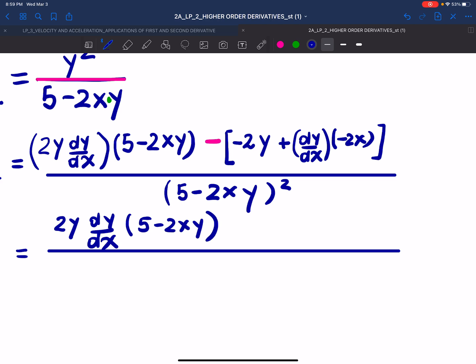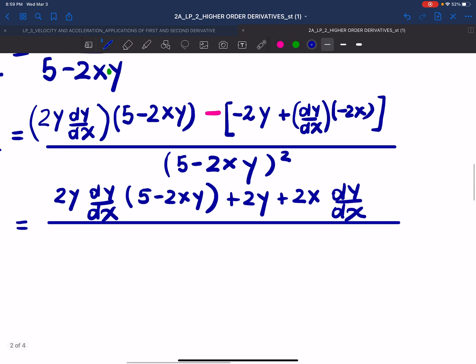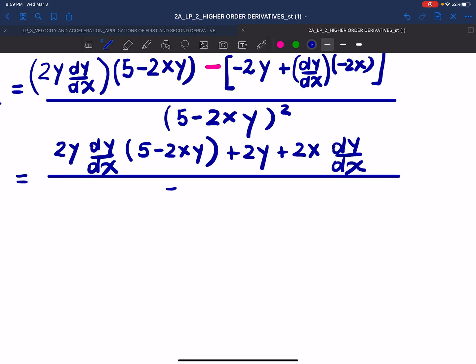And then I will open up the square brackets here. So we have plus 2y, and then plus 2x dy dx. All this will be over 5 minus 2xy to the power of 2.